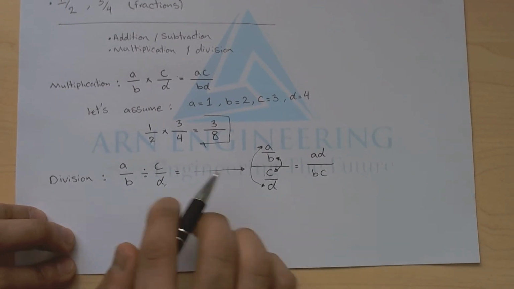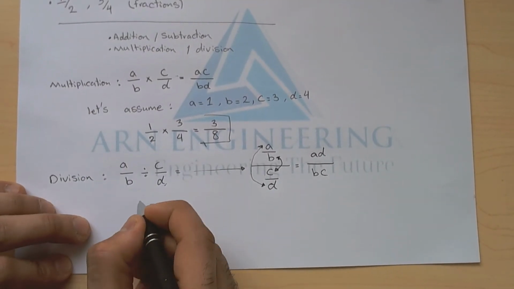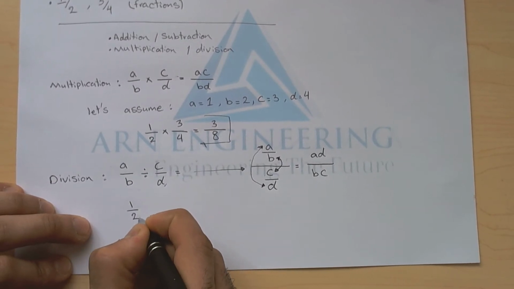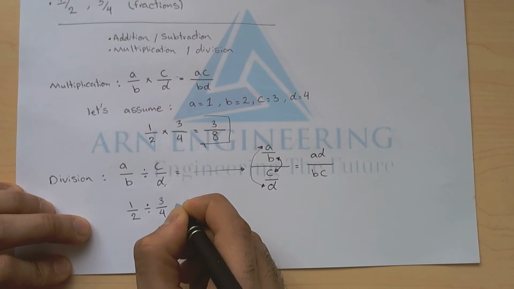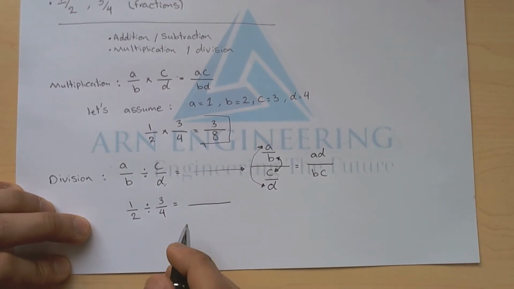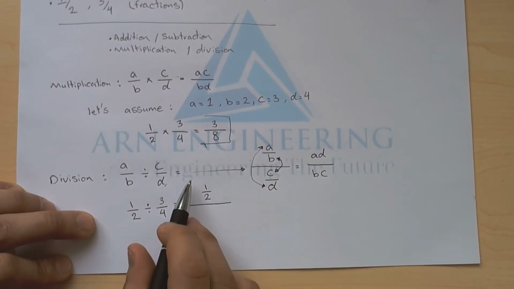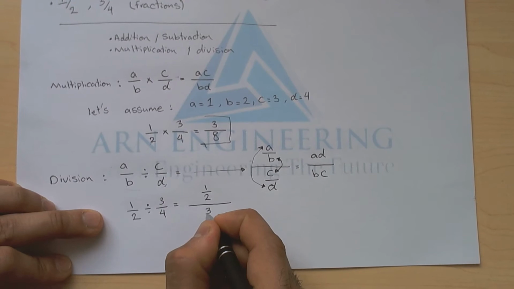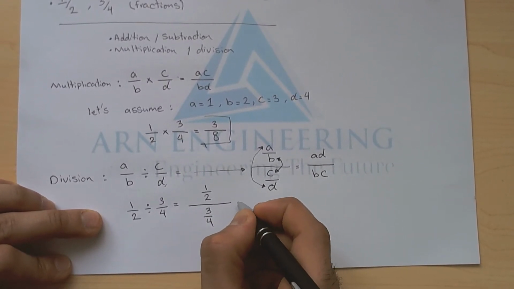So let's put the same numbers back on again. So we can say 1 over 2 divided by 3 over 4, right? Now let's do this operation. What we can say is 1 over 2 over 3 over 4. Now that's the same thing. These are identical.